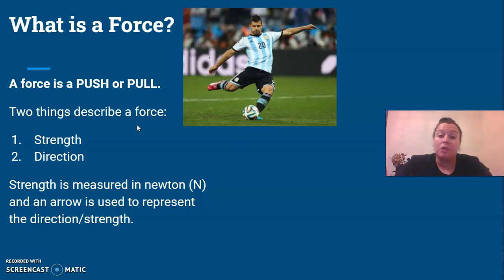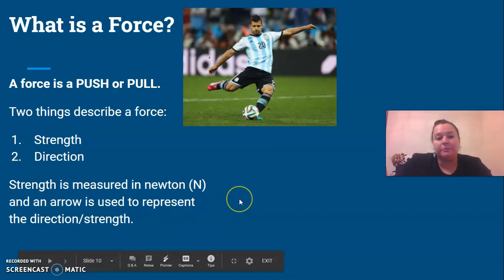We can use how strong it is, the strength, and the direction of it. So we can say it's going to go north. We can say it's going to go south. We can give more details to it. Now, the way that we measure the strength, we give a number in newtons. For the direction, we use an arrow to represent which way it's going.